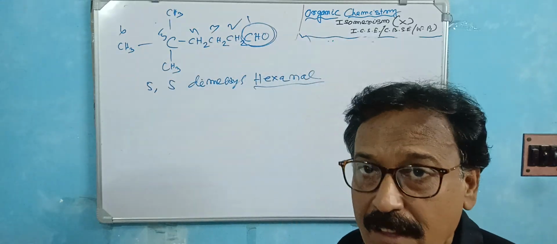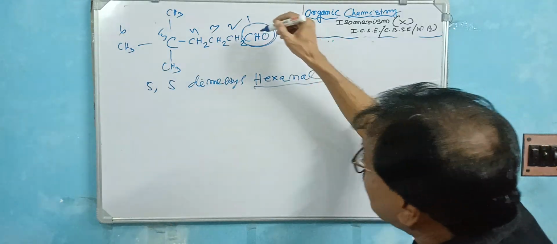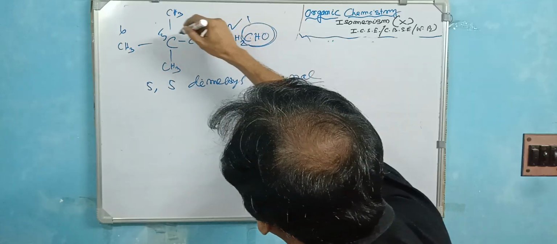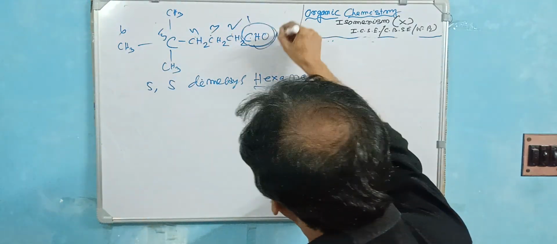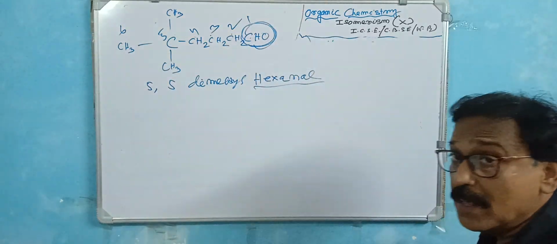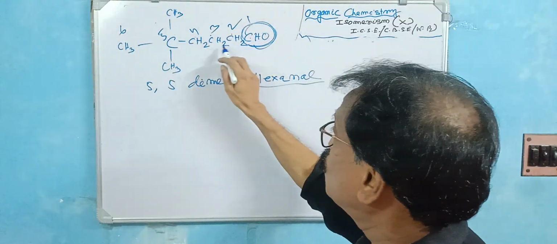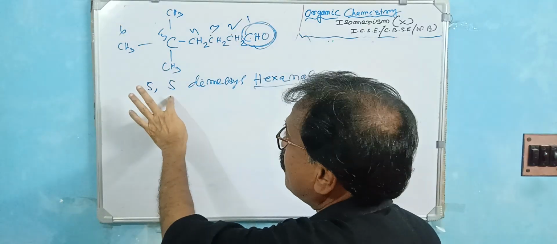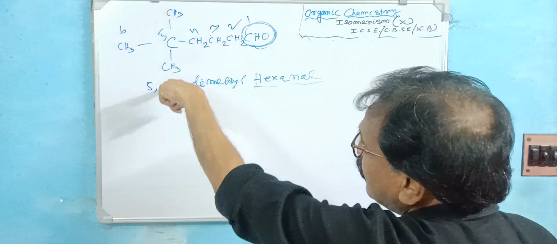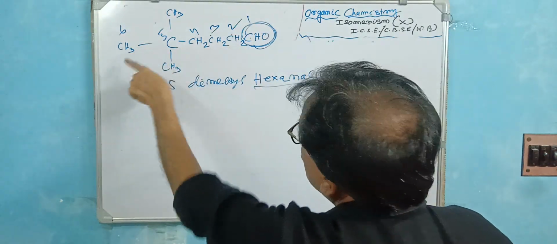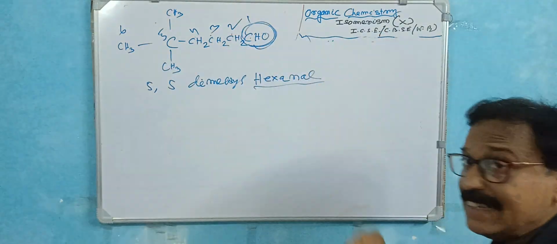Okay, clear? So what is the starting here? 1, 2, 3, 4, 5, 6. This is the lower. No confusion. If the functional group is here, you start from here, because this is the priority. 1, 2, 3, 4, 5, 6. The 5,5-dimethyl, 1, 2, 3, 4, 5, 6 hexane, CHO, hexanal.